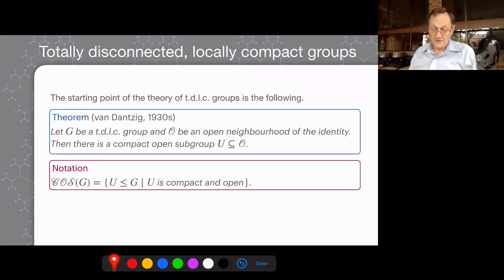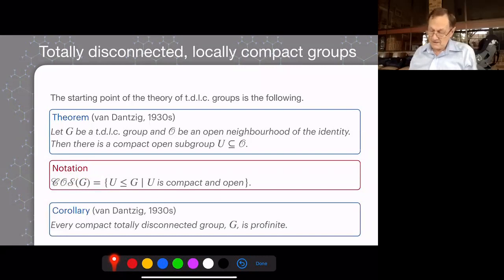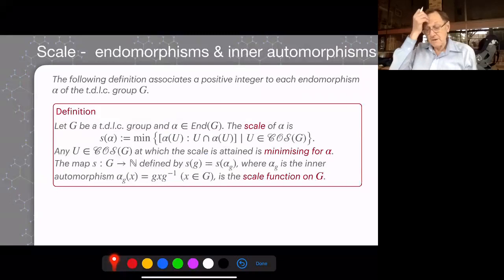This theorem has the corollary, which I'm not going to be using explicitly but it's good to keep in mind, that every compact totally disconnected group is profinite. And conversely, every profinite group is also a compact totally disconnected group. So those are the basic results for totally disconnected locally compact groups.